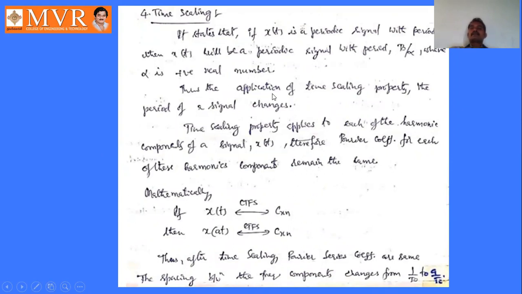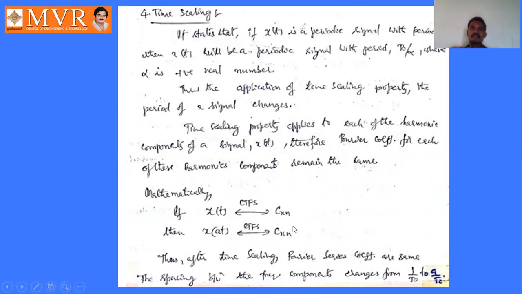Thus, with the application of the time scaling property, the period of a signal changes. Time scaling applies to each of the harmonic components of a signal x of t. Therefore, the Fourier coefficients for each of these harmonic components remain the same.